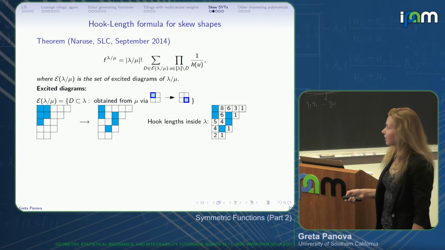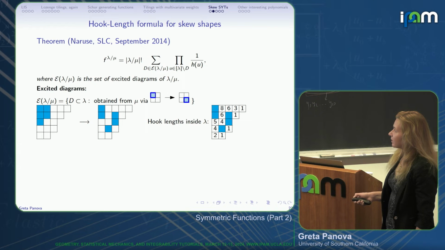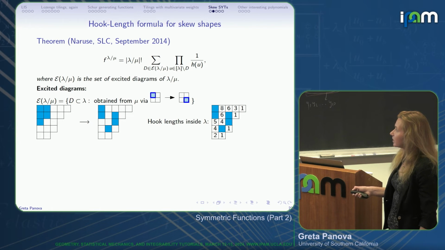So here is again our situation. We can obtain, for example, this excited diagram. What are the hooks? For the white boxes, I've written the hooks, and we count them inside the outer shape. So we just count how many boxes are to the left and to the right, reaching the boundary of lambda. So the hooks are written here.